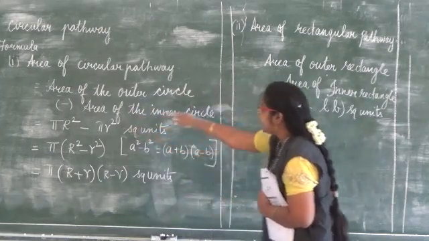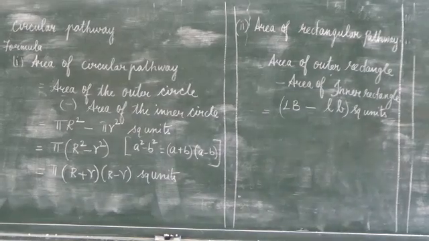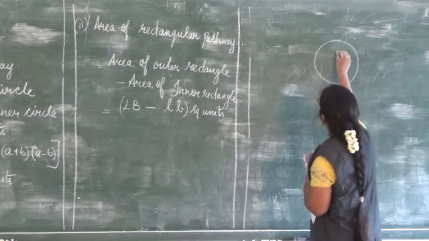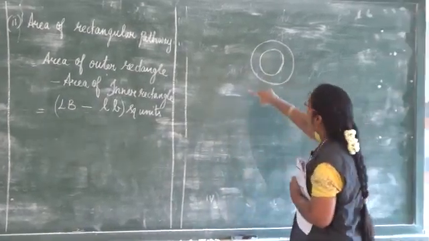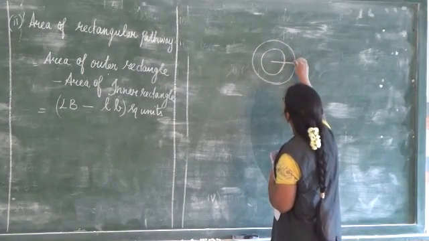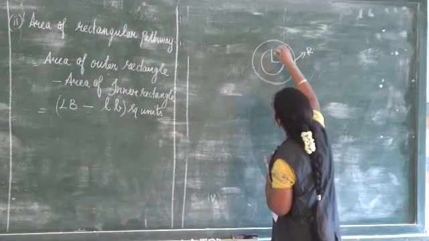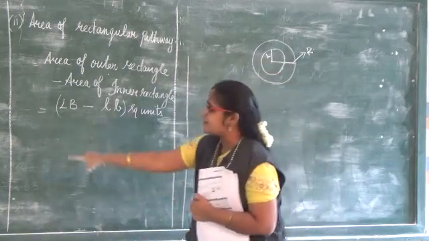I will explain clearly how the outer circle and inner circle came. Here we will take two circles like this: a bigger circle, and inside it a smaller circle. The outer circle radius we are going to take as capital R. The inner circle radius is small r. That's what I have mentioned there.